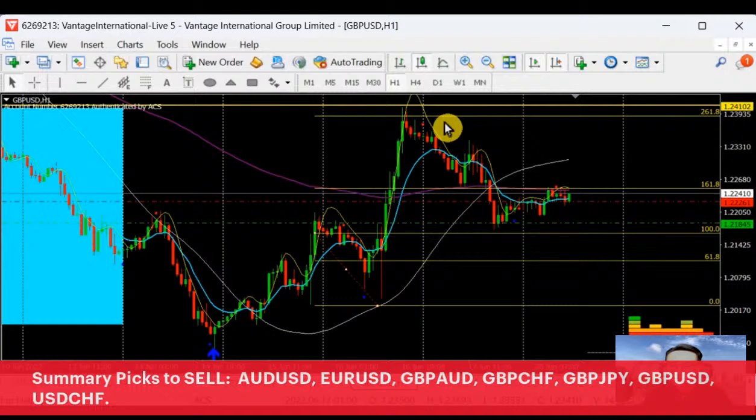That is why it is better to enter at 61.8, not 161.8. So that means you are talking about a buying trade, right?